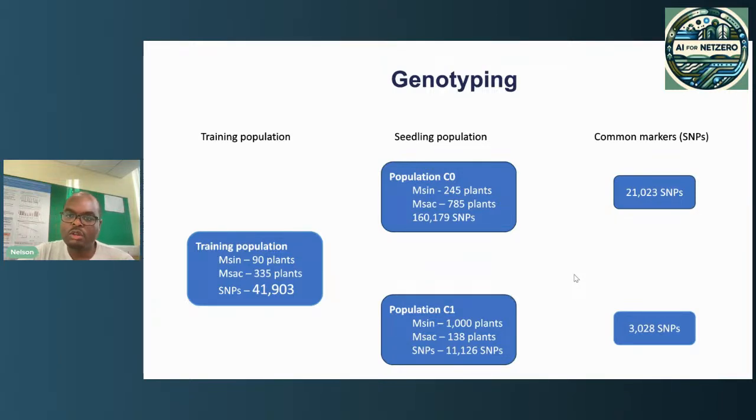SNPs is a short form for single nucleotide polymorphisms. And for the C1 population, we had about 3,000 SNPs. So these are the ones that I used in the prediction of my breeding program, for the C0 and the C1 populations. Next slide.